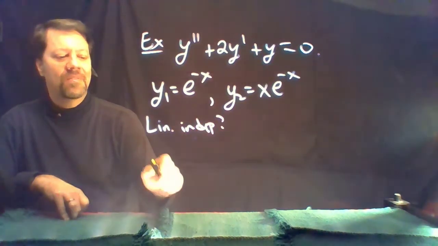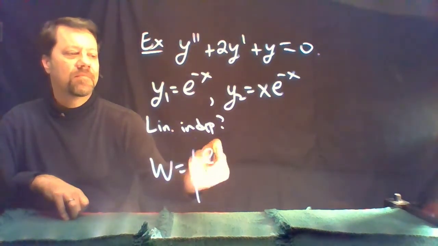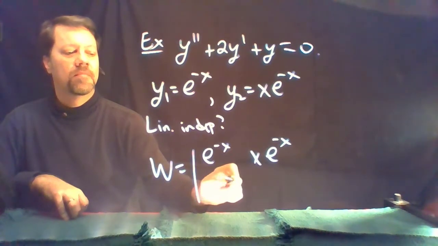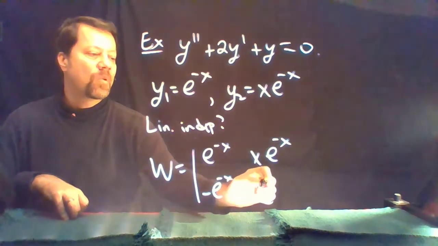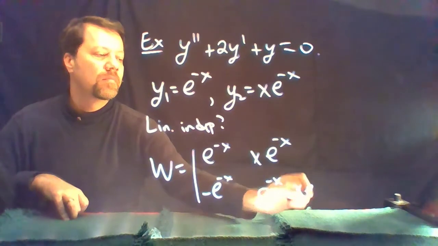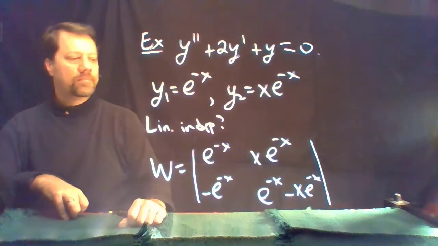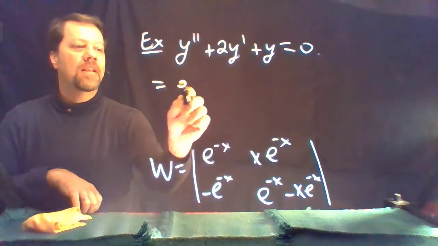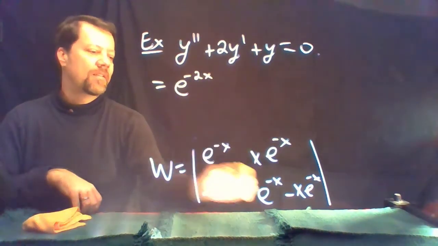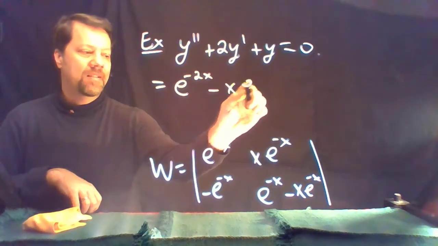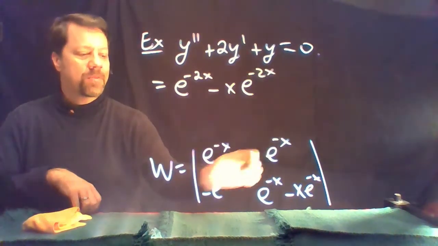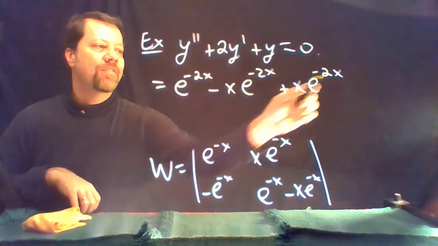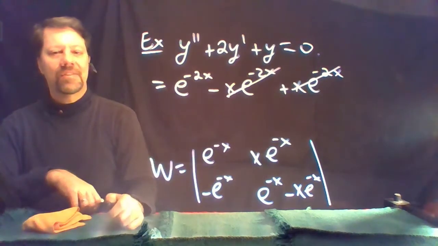To determine that, we calculate the Wronskian. Over here we need the product rule. This gives us e to the negative 2x minus x e to the negative 2x, and when we subtract this way, we'll get plus x e to the negative 2x, with these terms canceling out.